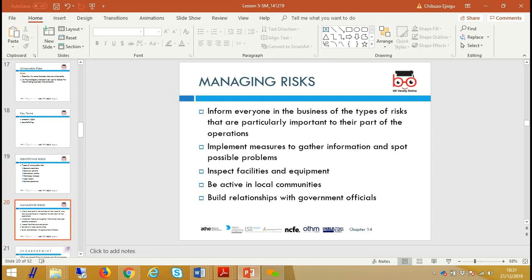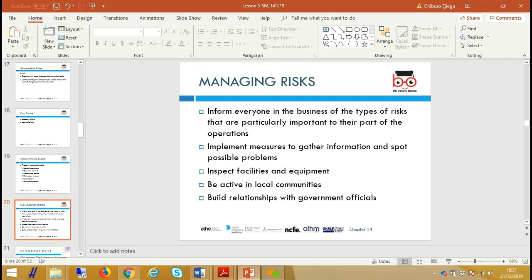So those are some things to do in terms of managing risk. You need to inform your employees about the risk and what to do with a risk register, risk log, risk management procedures. Implement measures to gather information and spot possible problems. So try to anticipate the risks and ask across your organization for risk analysis to be conducted regularly.